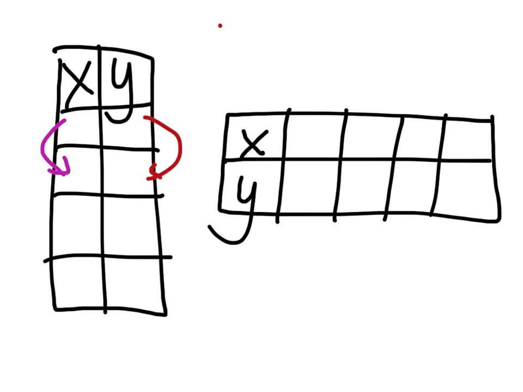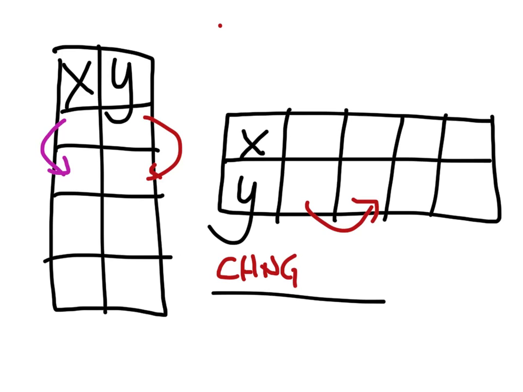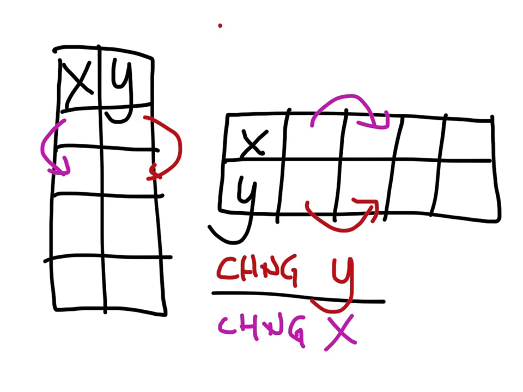So when you find your change, you've got to find the change in y first, and in your fraction, this is the change in y. It's always the numerator. Then you'll find your change in x. So please don't let that confuse you.